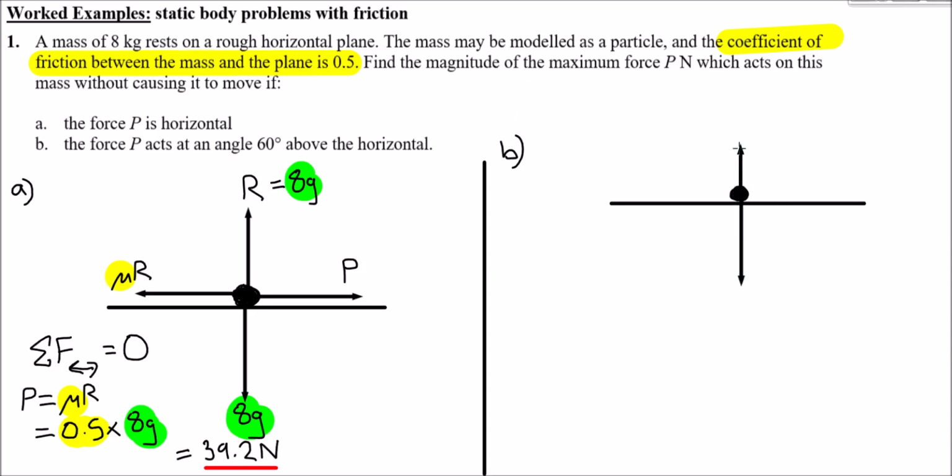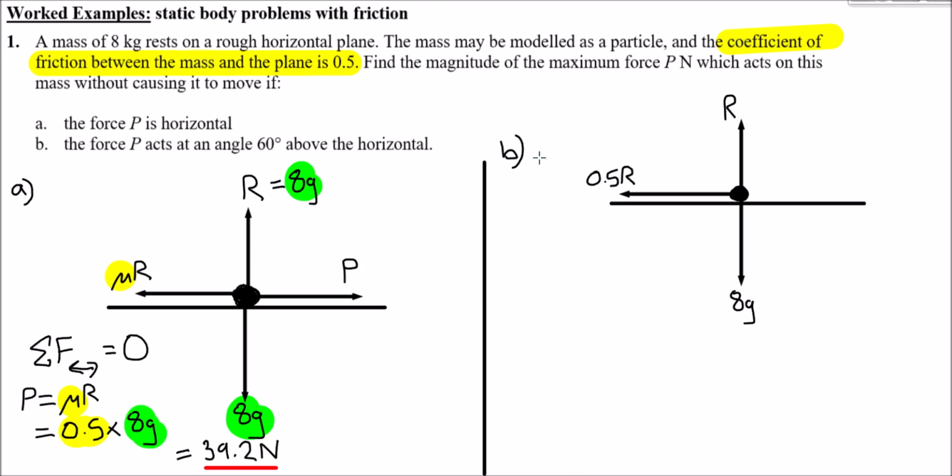There'll still be a normal reaction force acting up. And again, we're still thinking about P being a maximum, so again the friction will be limiting, it will be mu R. But I'm going to just call mu 0.5 now, because we've firmly established we know what it is.